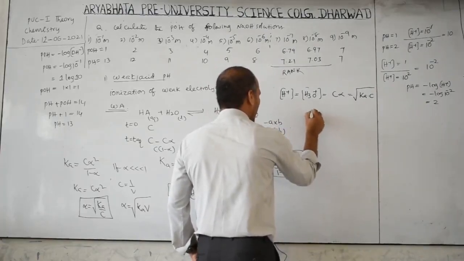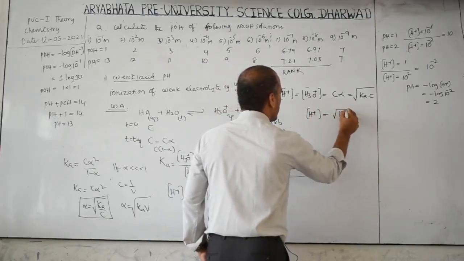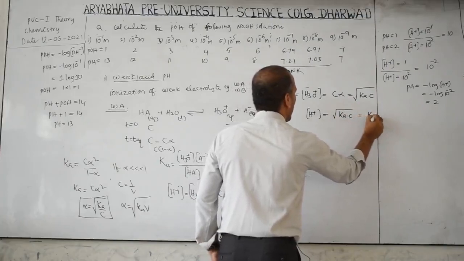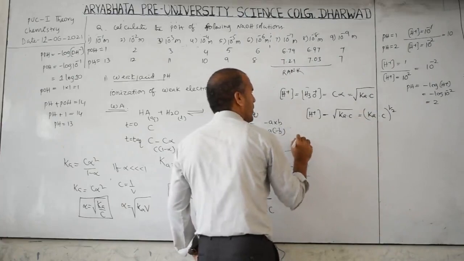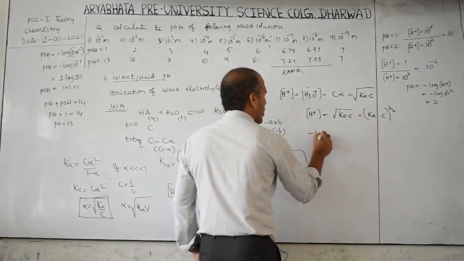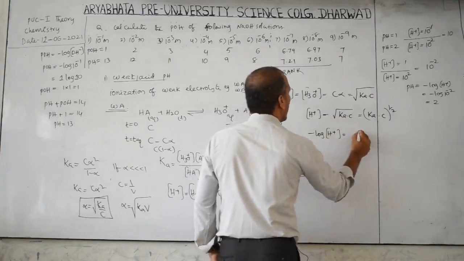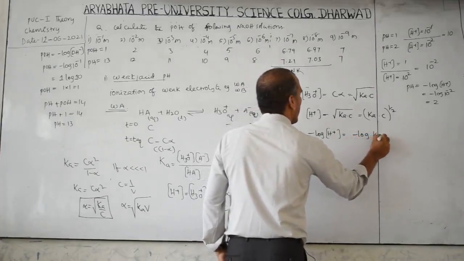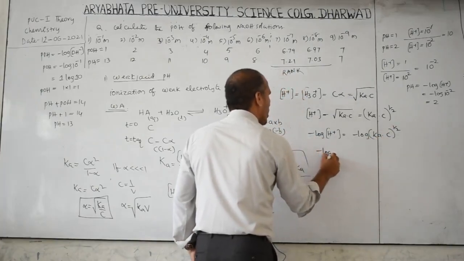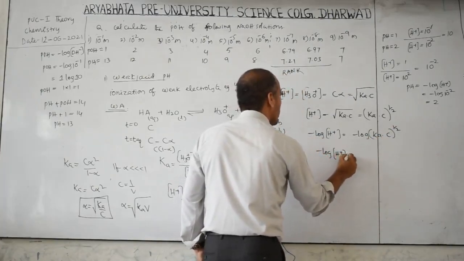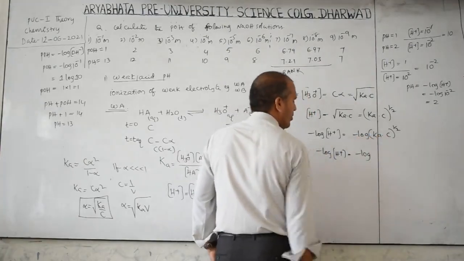H+ ion concentration is equal to root of Ka into C, that is equal to Ka into C whole power 1 by 2. Now apply the negative logarithm. Negative logarithm of H+ ion concentration is equal to negative logarithm of Ka into C whole power 1 by 2. Log A into B form is there.